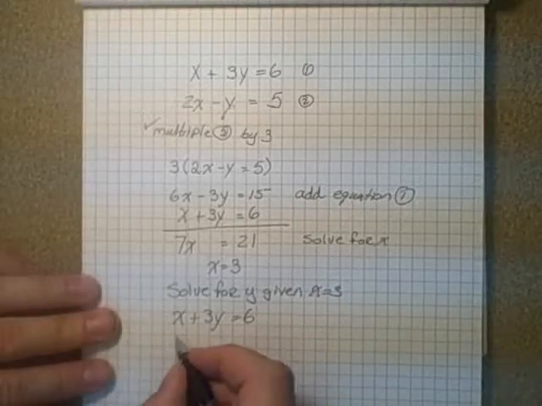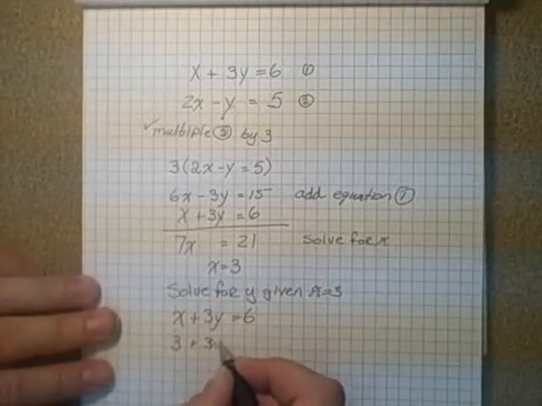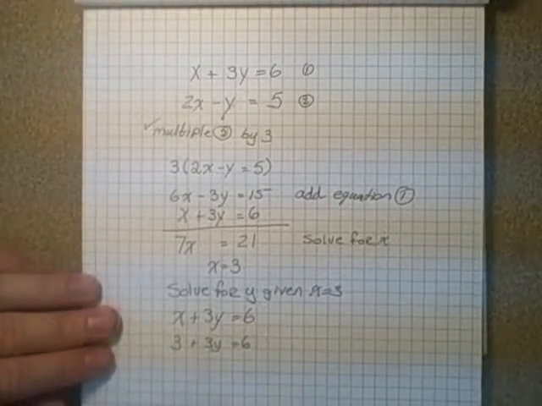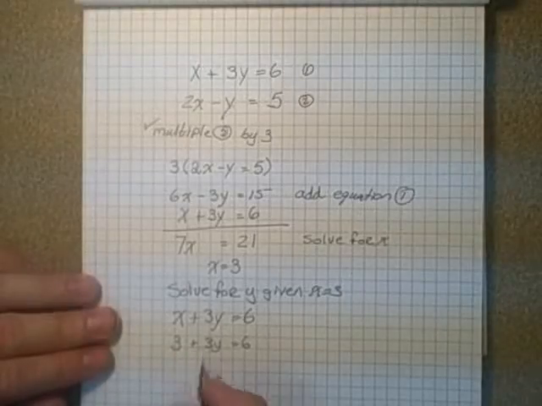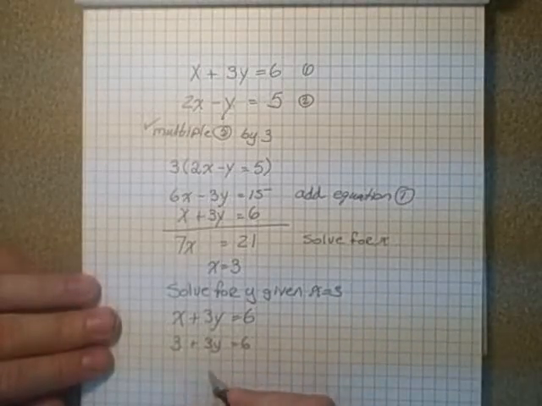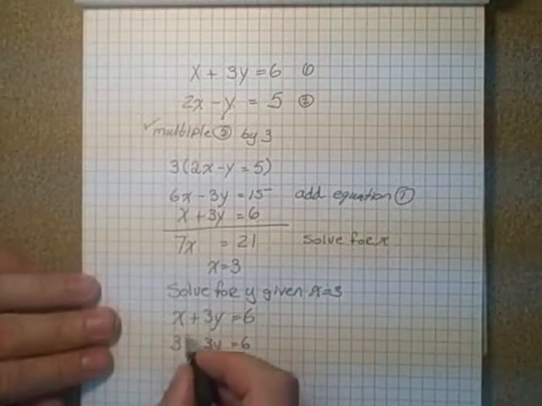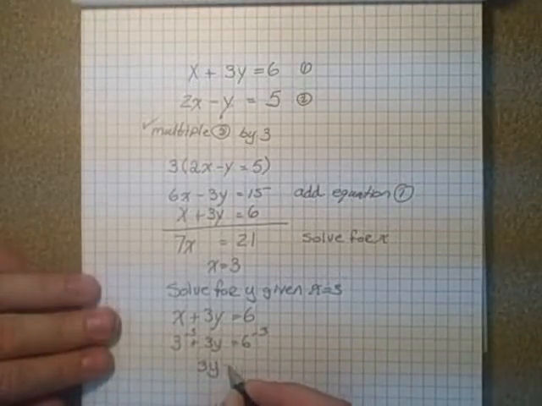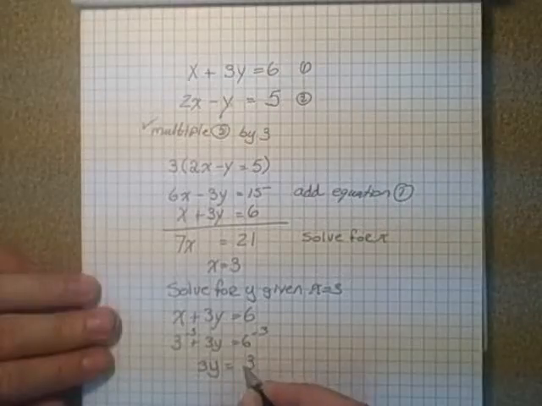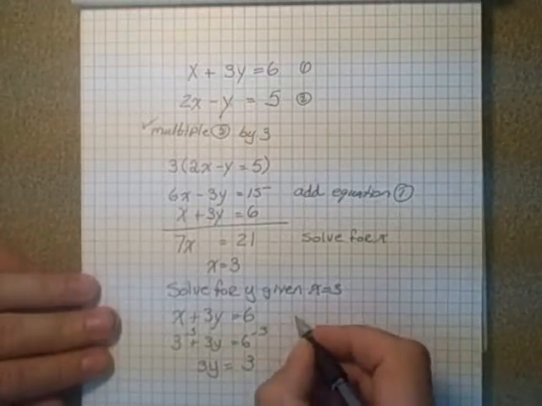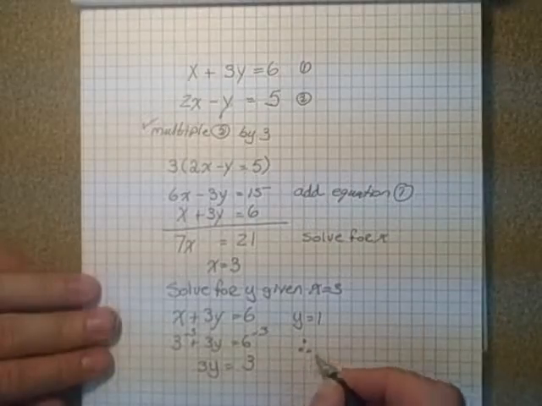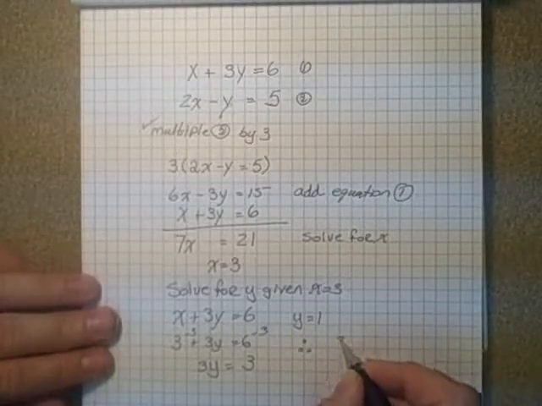Then I'm going to substitute: 3 plus 3y is equal to 6. Well, bring over the 3 by subtracting 3 on both sides. 3y is equal to 3. Divide by 3 on both sides, so y is equal to 1. Therefore, we have a solution set of (3, 1).